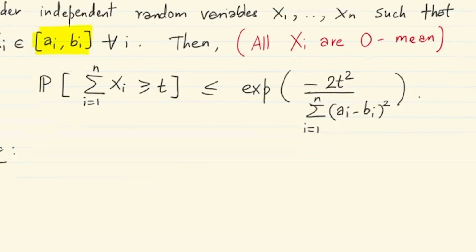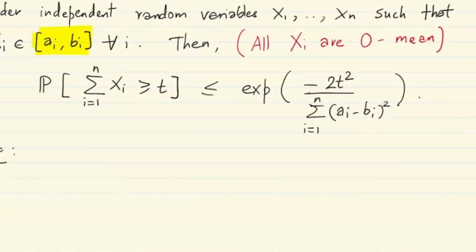Okay. So this gives you a way to control the deviations of a sum of independent and bounded random variables. The proof is basically an application of Hoeffding's lemma. So it's just one line.